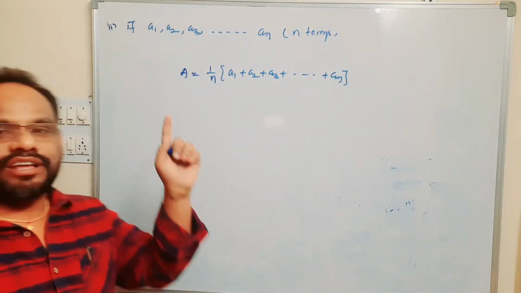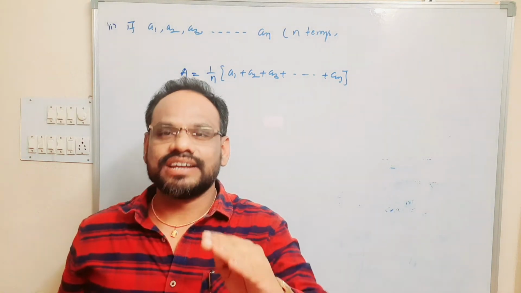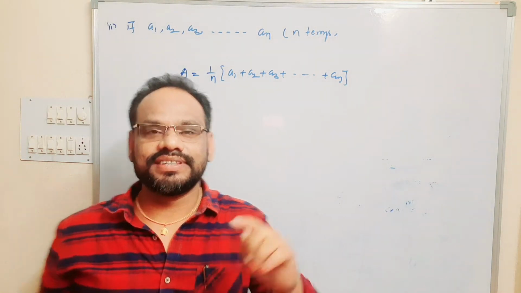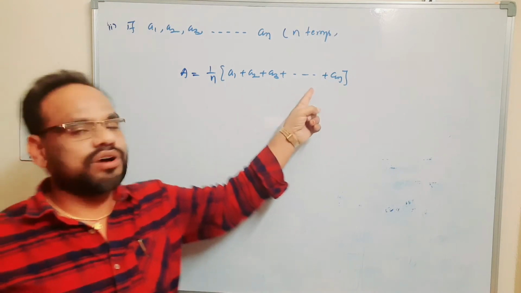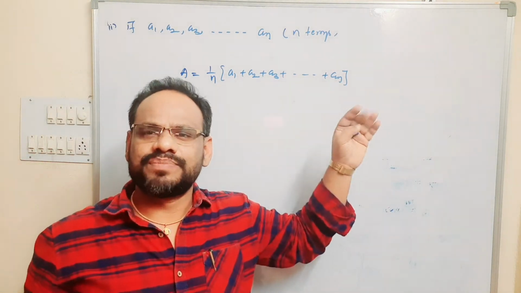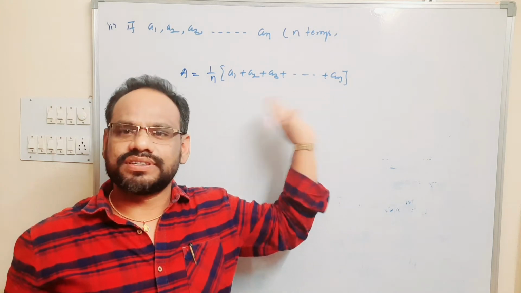So the arithmetic mean of n numbers is nothing but the sum of observations by the number of observations. Okay, next.